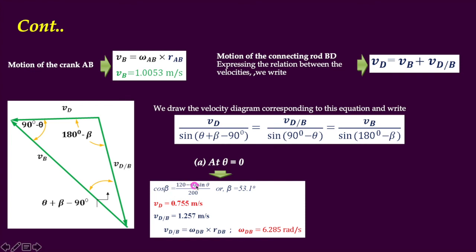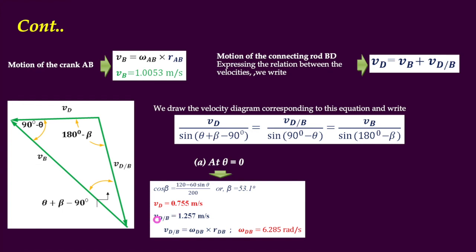The cos beta is calculated from this equation, for theta equals 0, substitute and get beta equals this. So substitute this beta value and theta value in this equation and get the VD value, which equals 0.755 meter per second.